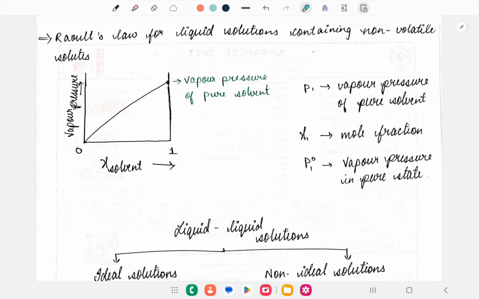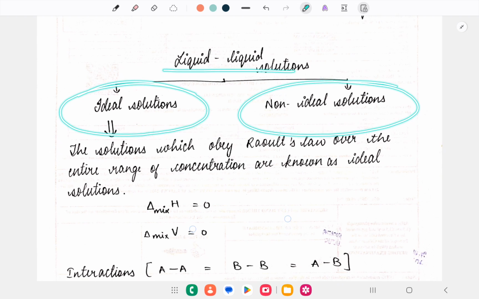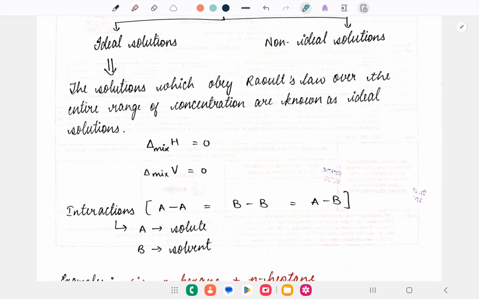Now we will move on to the liquid-liquid solutions. These can be classified into ideal solutions and non-ideal solutions. First we'll speak about ideal solutions. These are the solutions which obey Raoult's law over the entire range of concentration, and therefore they are called ideal solutions.